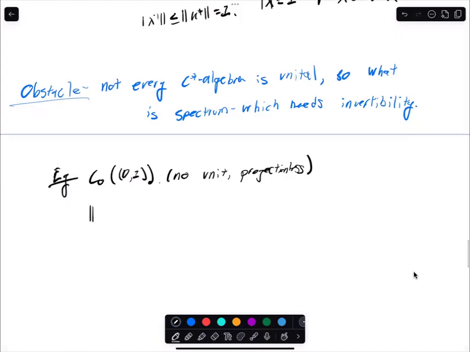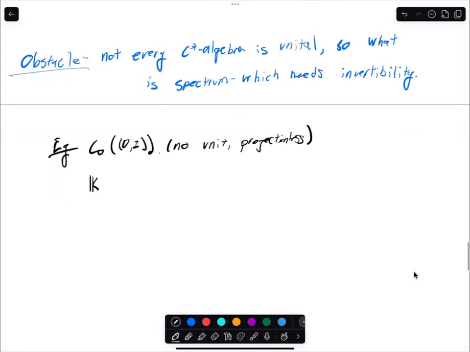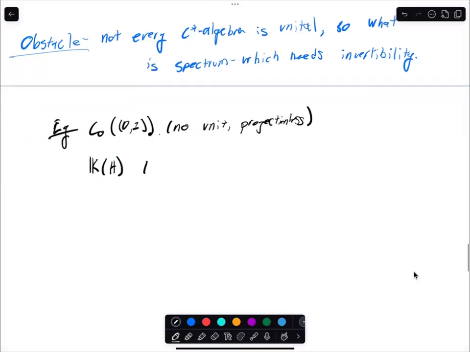Another example of a non-unital C-star algebra, of huge importance to me anyway, is the compact operators on a Hilbert space. You can see in the lecture notes, proposition 1.14, any candidate for the identity is exactly the unit on the bounded operators on the Hilbert space.